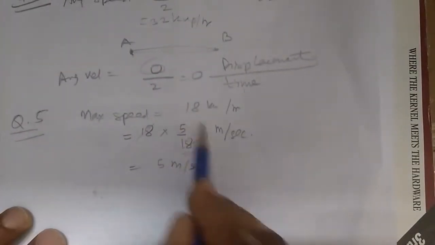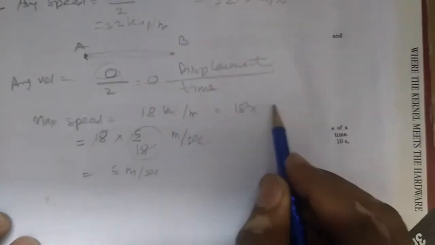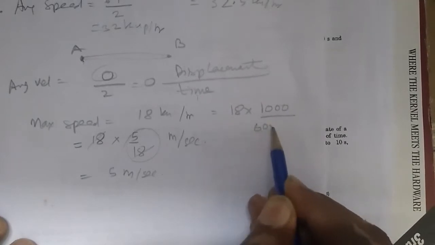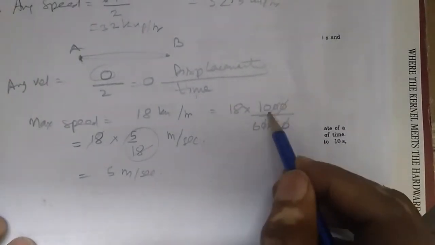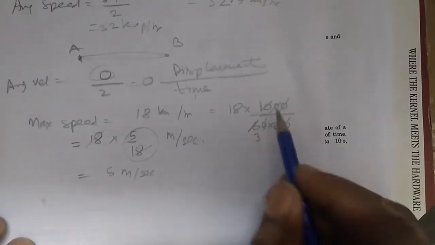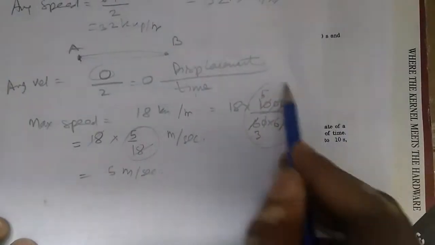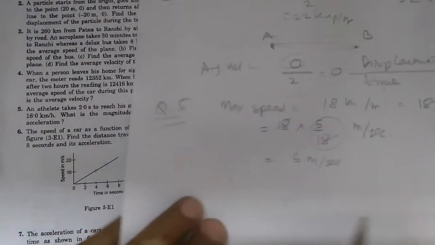And how does this 5 by 18 figure come? If you convert kilometer into meter, kilometer becomes 1000 meter and hour becomes 60 minutes, and when again multiplied with 60, this becomes 3600. 1000 divided by 3600 is 5 by 18. That is how we get the figure 5 by 18. So this is 5 meter per second.